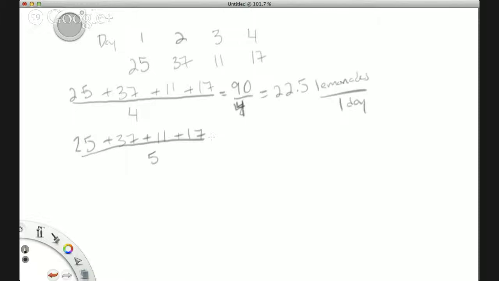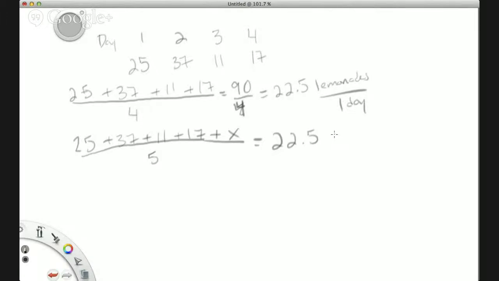This is the wrong way to do it. It's wrong because you're missing that 5th data point that you need to calculate the average for 5 days. So we'll represent that as an X, since we don't know how many lemonades he needs to sell. Now we know that taking that average should get us the average we're trying to maintain of 22.5 lemonades.